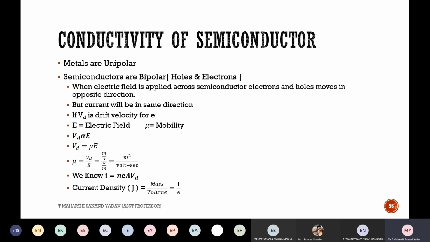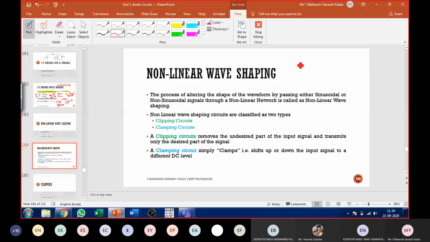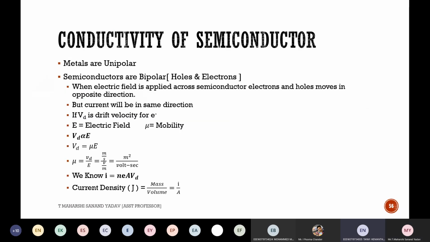Once you are okay with this concept, we can start with the next concept, which is non-linear wave shaping. So what is wave shaping? In the half wave rectifier, we have observed something like this, right? If this is the input that I'm applying, what is the output that I got? What is meant by clip?